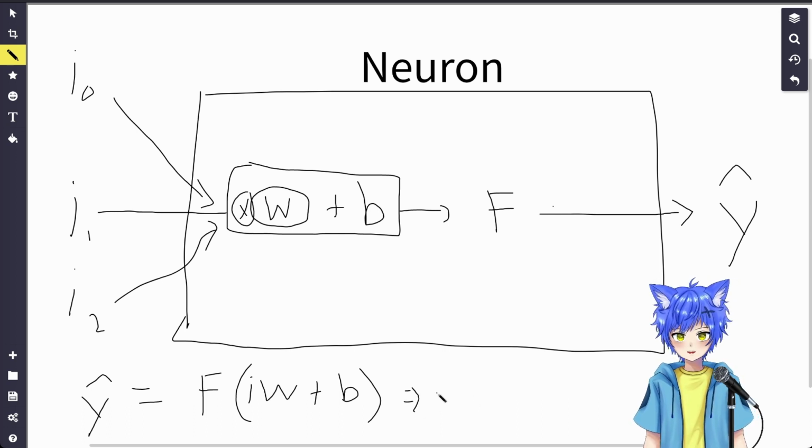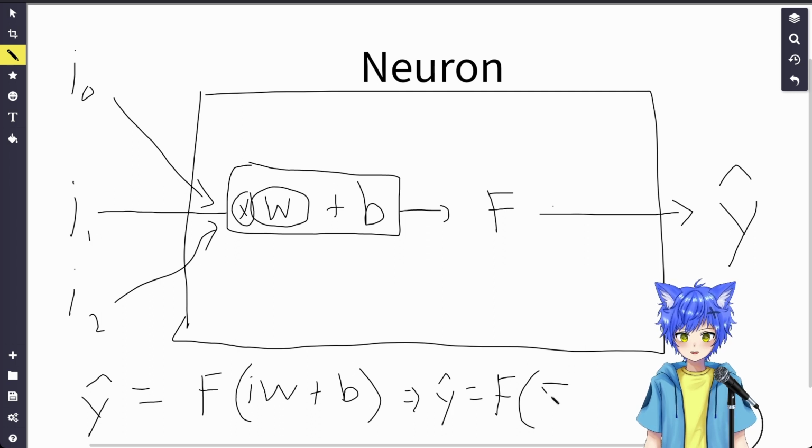Y hat in this case would actually equal still the function, but inside the function, it would be the sum of all the inputs multiplied by a weight and added to a bias.